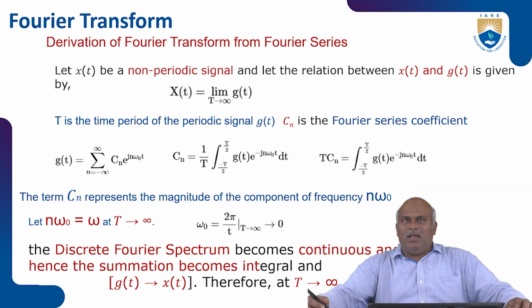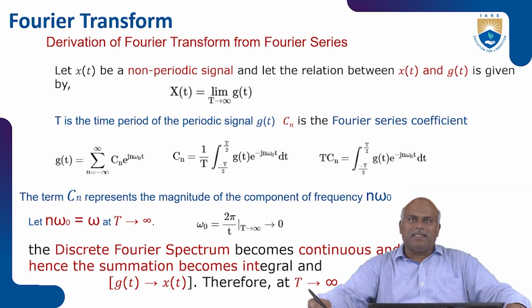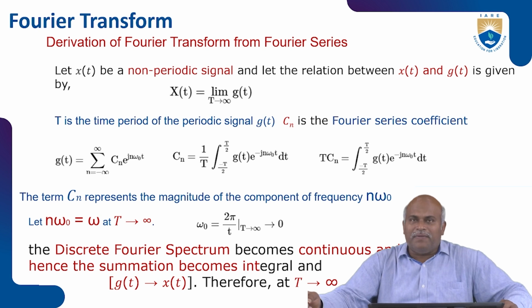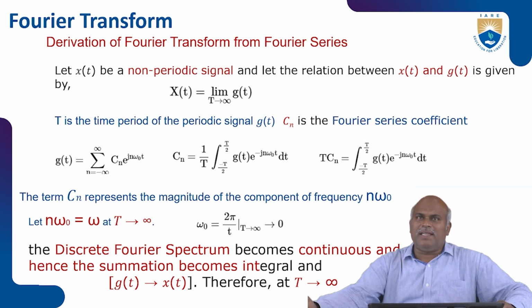Now the x of t is represented as a non-periodic signal. Then we write the relation between x of t and g of t. In the case of the Fourier series, capital X of t is equal to the limit as capital T tends to infinity of g of t.